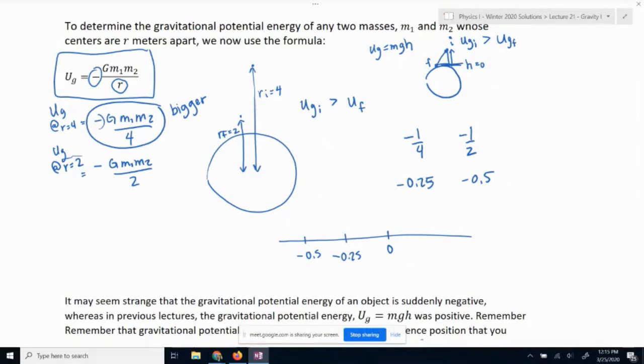You can't do that. You either have to use the mgh equation all the time or this equation all the time. So if at any point in the problem an object is not close to the surface of the Earth, you use this bigger equation for initial and final, no matter whether it's close to the surface at one point or not. Okay, so you can't mix and match the two equations in one conservation of energy solution. Does that make sense?